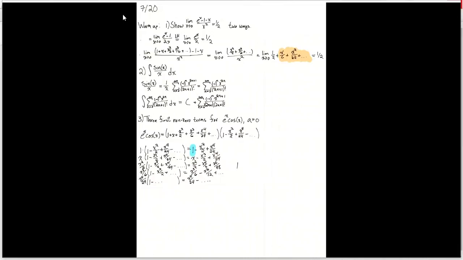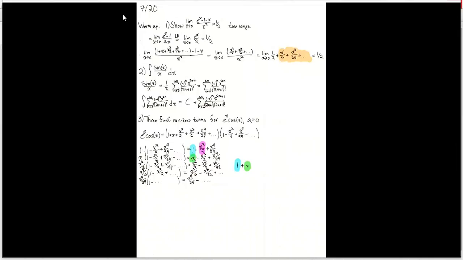Now, let's look at the x squared, or just the linear terms. I have this, and there doesn't appear to be any other linear terms, so we have x here. Now, what about x squared terms? Well, I've got an x squared here, and I've got an x squared here.